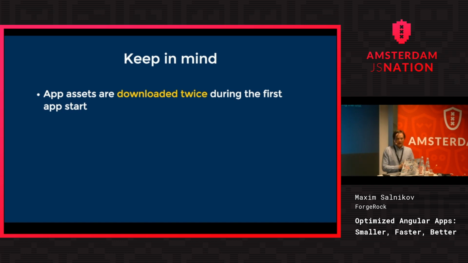So first, the service worker downloads the assets of our app again after it started. So on the very first run of our application, our users will get our app assets, index.html, JavaScript, CSS, maybe some pictures, twice. So this is a kind of trade-off of how it works.